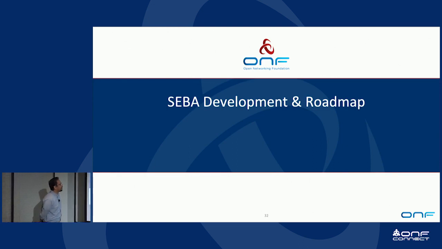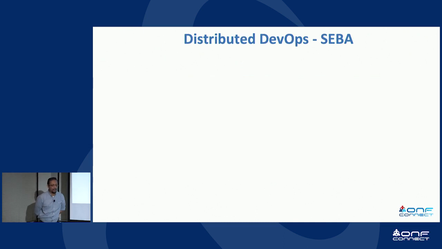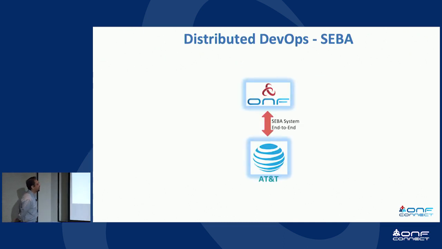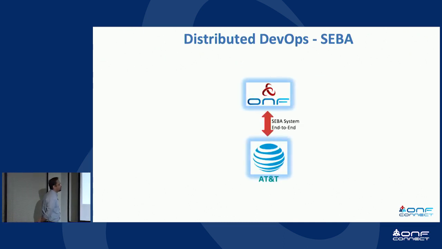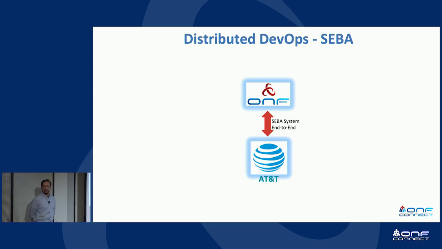Okay, so now let me tell you a little bit about the development of SEBA and its roadmap. SEBA was primarily developed by ONF, working very closely with the AT&T Foundry and the larger groups in AT&T who have helped us understand the needs of what a disaggregated PON system should support.